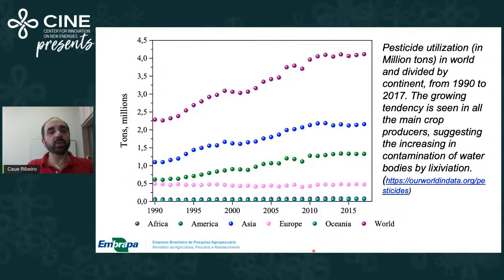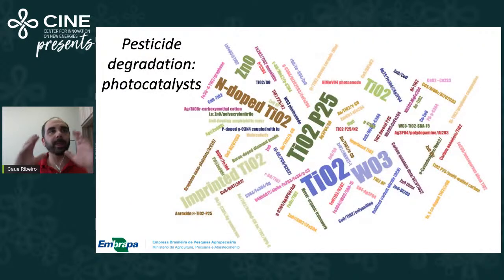So, if we do a survey of the literature, just checking the materials that have been used as photocatalysts for this kind of process, we see that even in the last 5 years we are still exploring titanium oxide as the most prospective material for this kind of application.